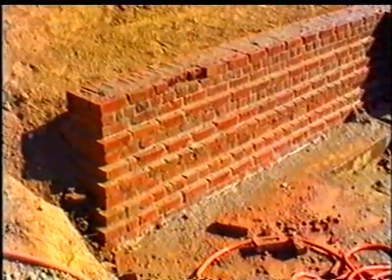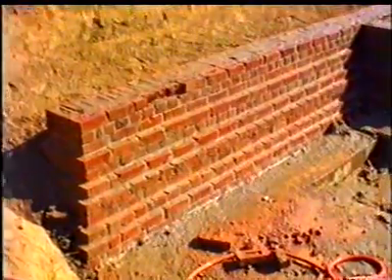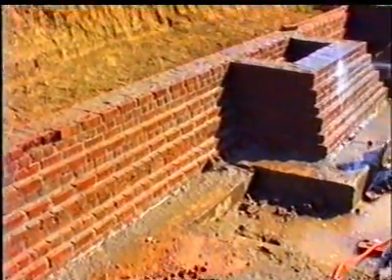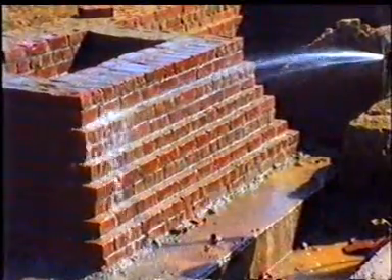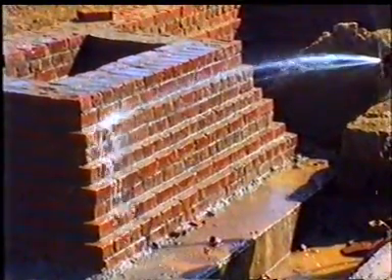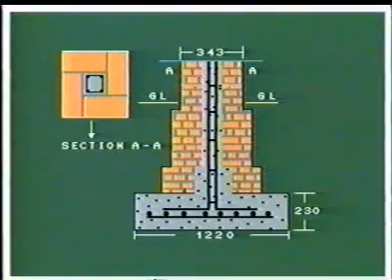Offsets are provided in foundation for proper distribution of the load on the base soil of required width. The graphic shows the column footing section along with brick masonry work in foundation.